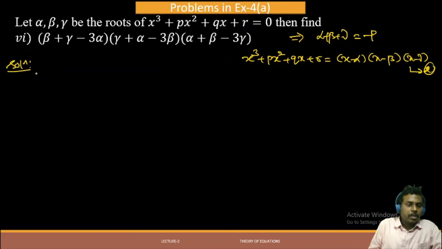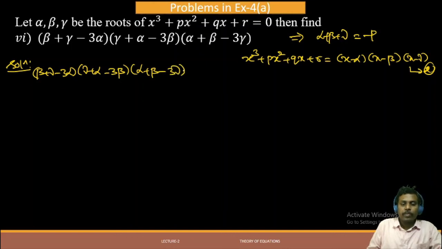Now beta plus gamma minus 3 alpha into gamma plus alpha minus 3 beta into alpha plus beta minus 3 into gamma. So this quantity is going to be, now I can replace beta plus gamma, gamma plus alpha, alpha plus beta.